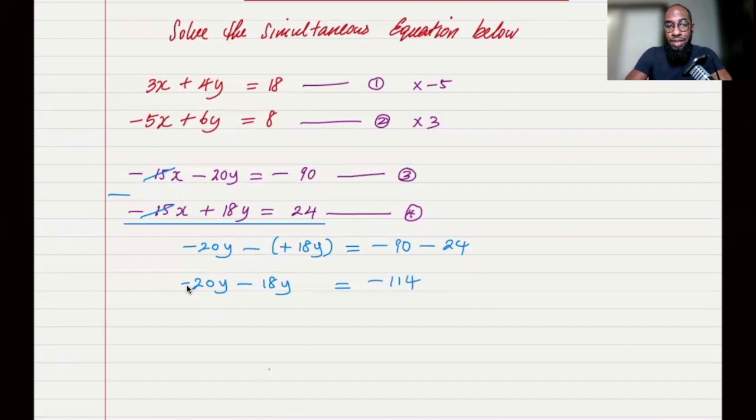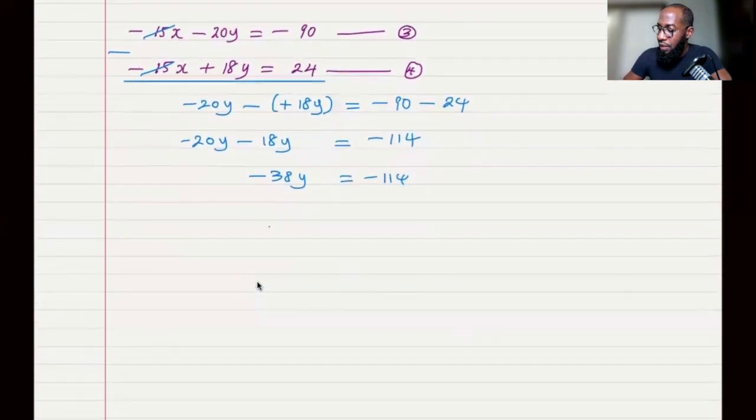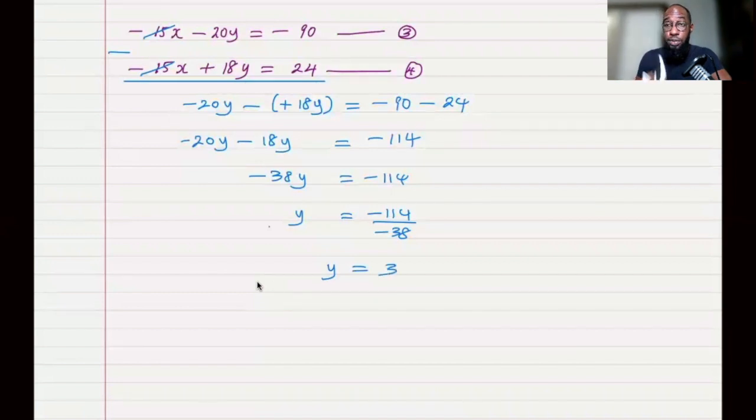Once we have the same variable, we focus on the numbers. -20 minus 18 is -38y, and that is equal to -114. So y is equal to -114 divided by -38. And you will get y is equal to 3. Use a calculator. And I will label this equation 5.